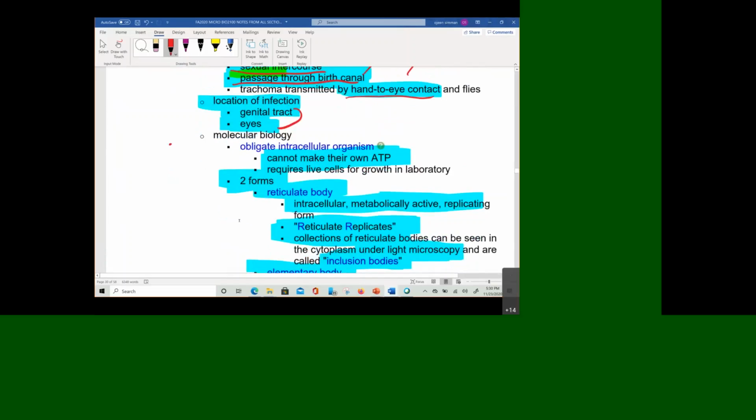Remember, chlamydia are an atypical type of bacteria because they have a very unique morphology, a very unique structure of their bacterial cell. And they are obligate intracellular pathogens, which means that they cannot make their own ATP.